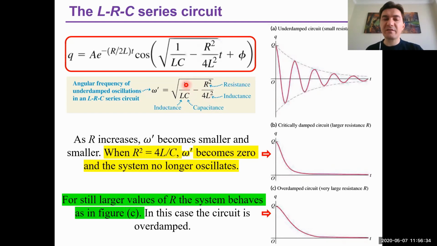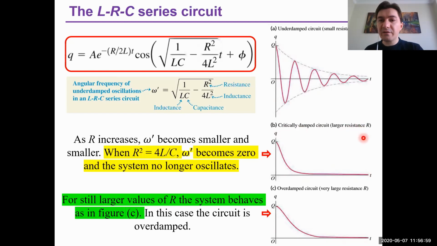What is the meaning of 0 angular frequency? It means that there is no oscillation, okay? So this term will be 0 and there will be no oscillation in time, and the charge will decrease with that relation like this.